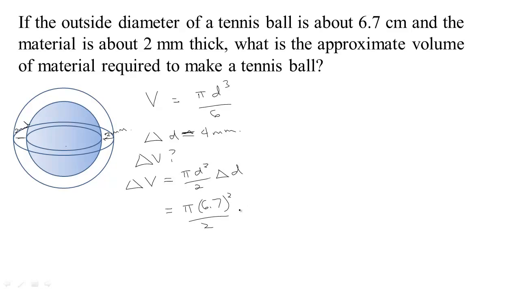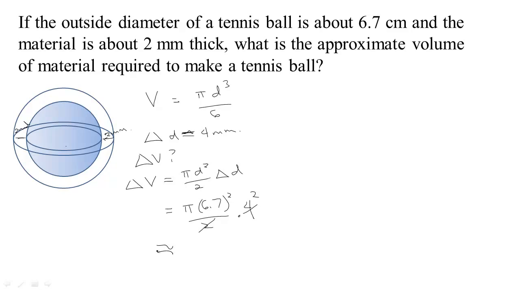A millimeter is a tenth of a centimeter. So we're changing it by 2 millimeters on this side and 2 millimeters on that side, which makes a total difference of 0.4 centimeters. Of course, that goes in there twice.